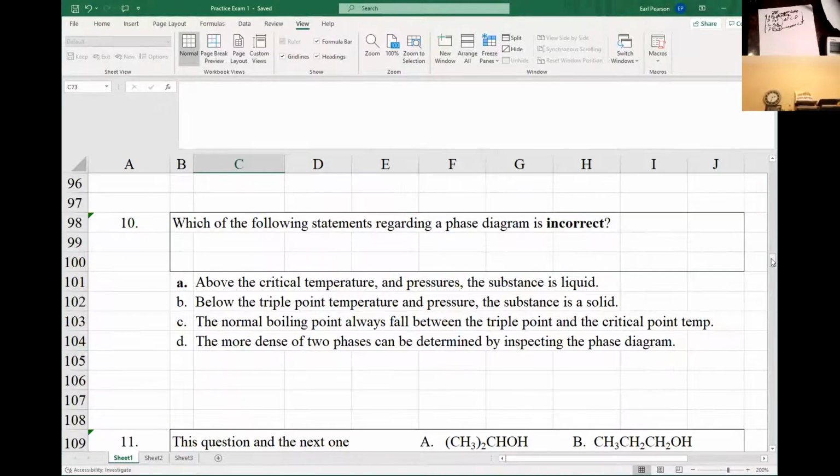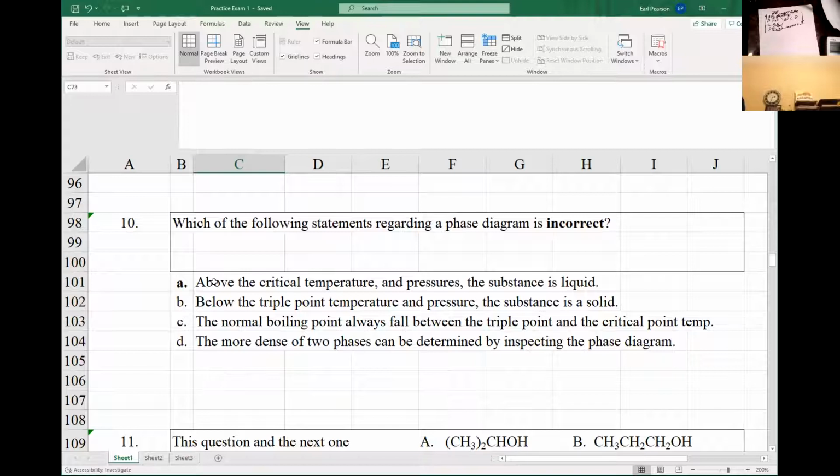Now we're just talking in general terms about a phase diagram. So let's just describe it from memory. Above the critical temperature and pressure, the substance is a liquid. Well, not really, because the critical temperature and pressure is the end point of the line that separates the liquid phase from the gas phase.